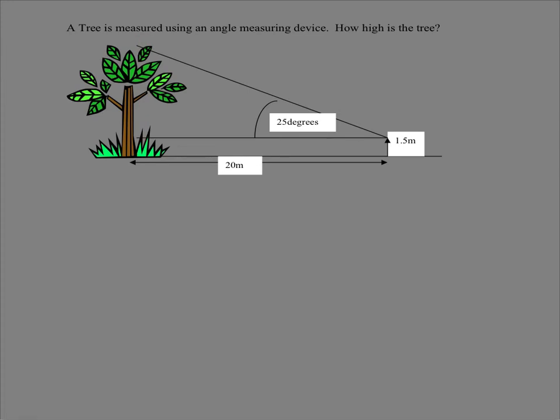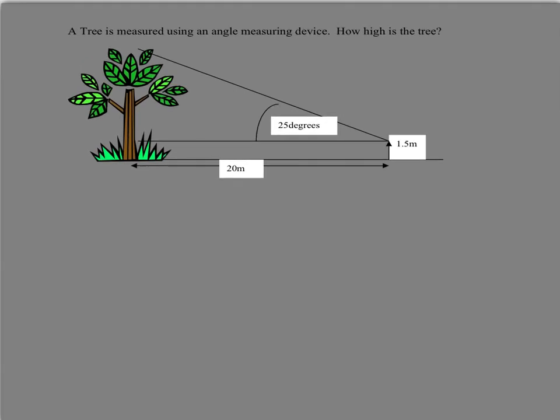So we would model this using a trigonometric function, and as we are looking for the height, and the height is actually the opposite, and we happen to have the adjacent side, we know that that is a tangent.